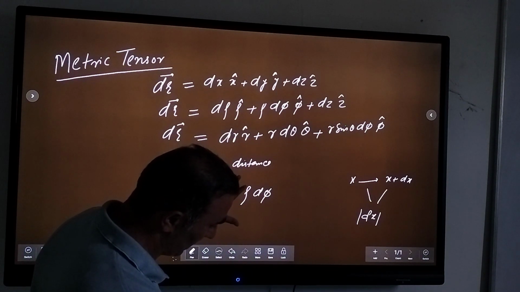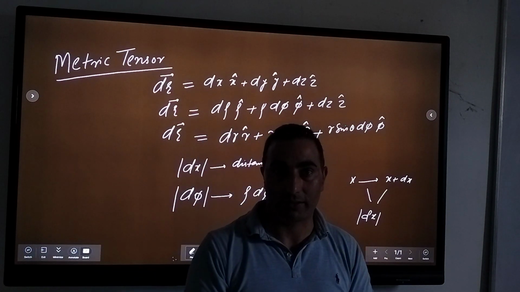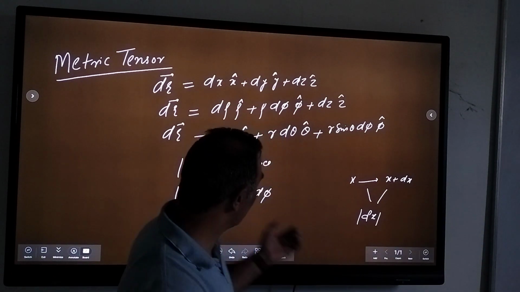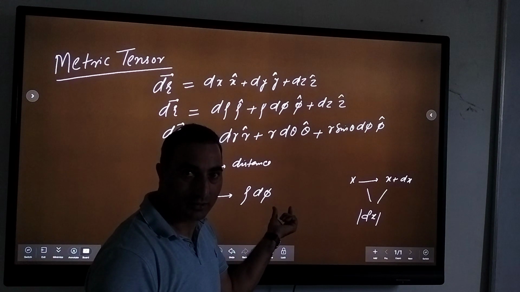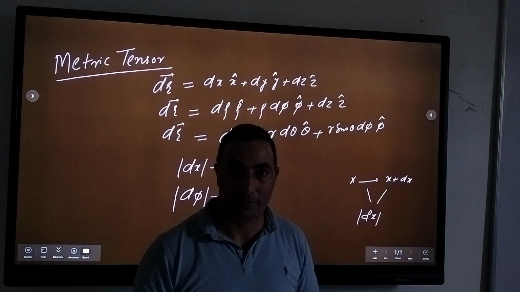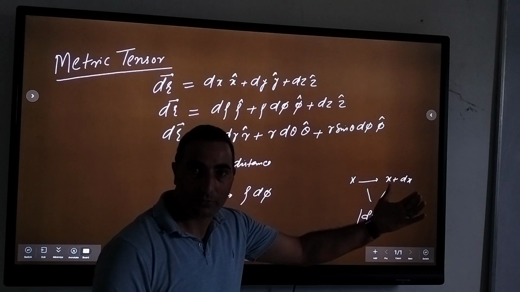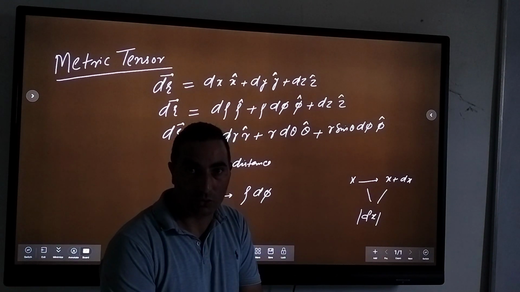So you need to multiply by rho, which is simply the radius of this vector. When you multiply this radius by the angle, it has the units of distance, because the radius is taken in terms of length. So rho d phi has the units of distance.